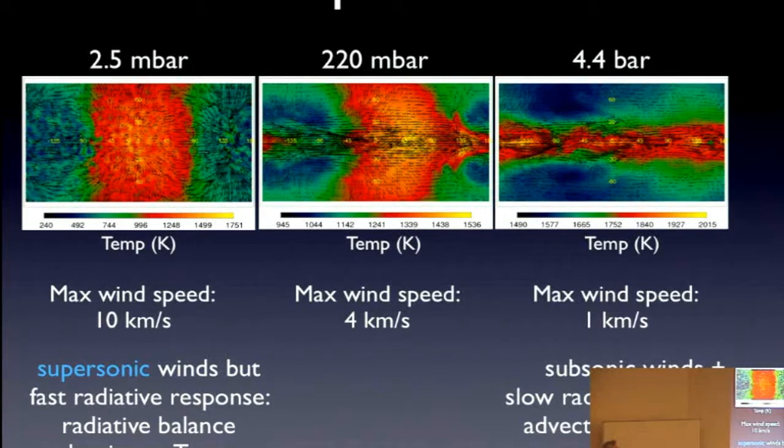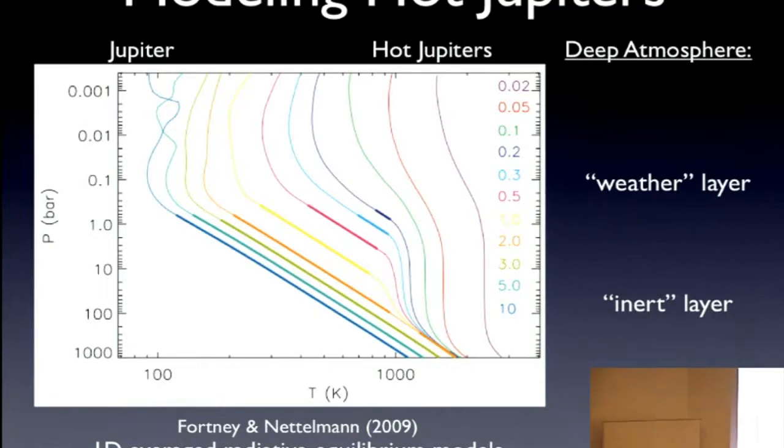Well, you get different regimes of flow from 2.5 millibars all the way to a few bars. I should emphasize here, I didn't give you the number, but this 0.1 bar, which is 100 millibar, is a typical region between the optical photosphere, where you start absorbing a good fraction of the solar insolation, and the thermal photosphere.